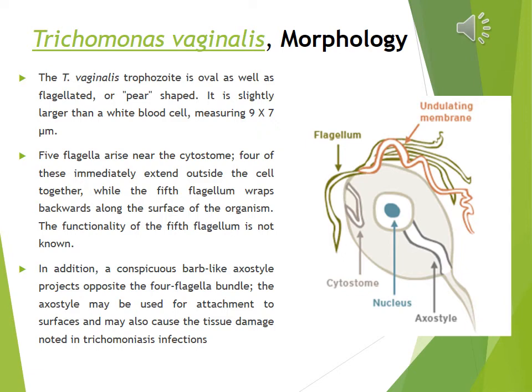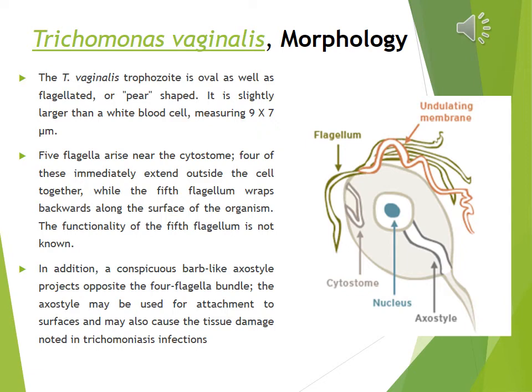Trichomonas vaginalis lacks mitochondria and other necessary enzymes. It obtains nutrients by transport through the cell membrane and by phagocytosis.